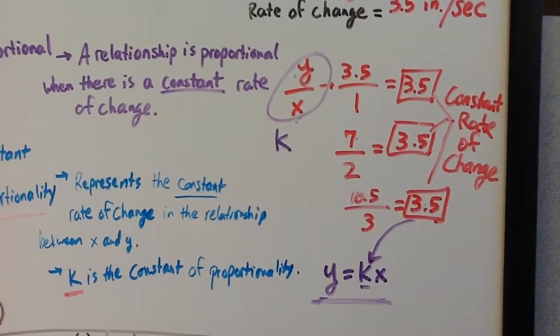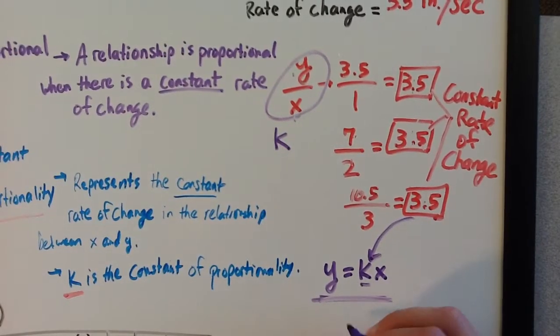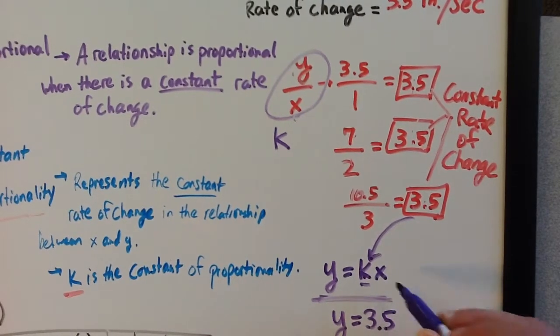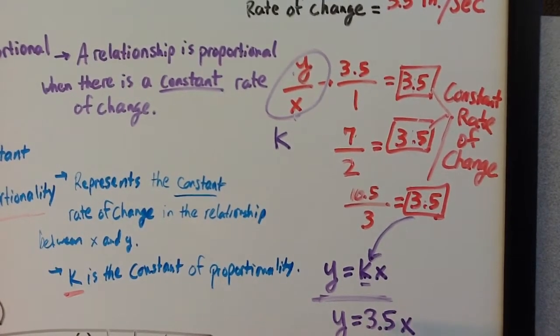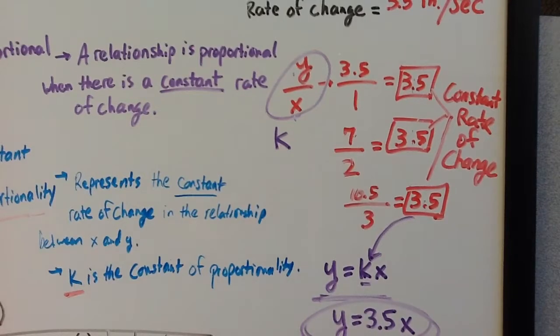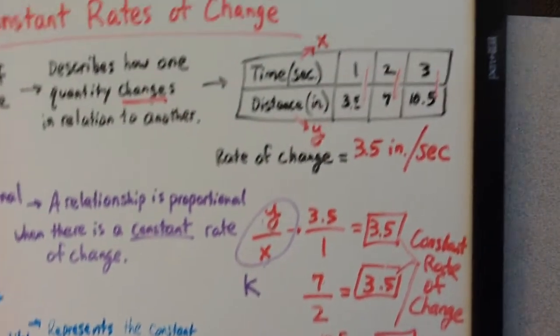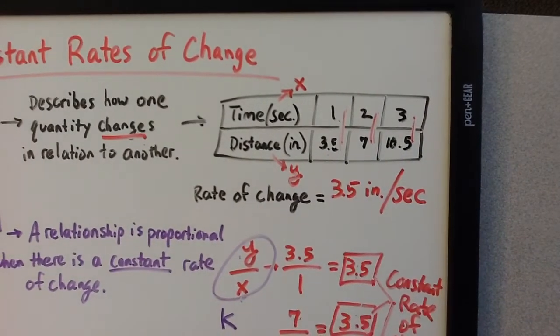The equation would be y equals 3.5x. This would be the equation to represent the proportional relationship in this table.